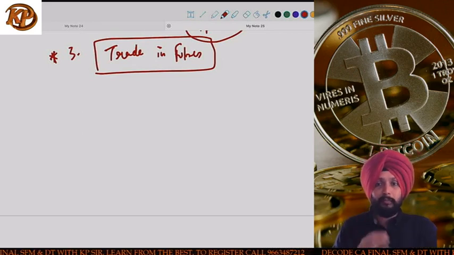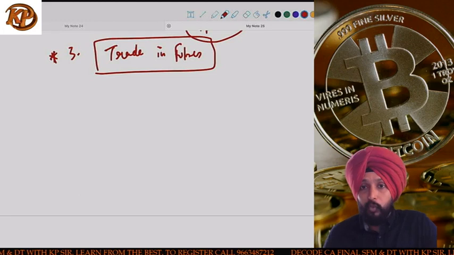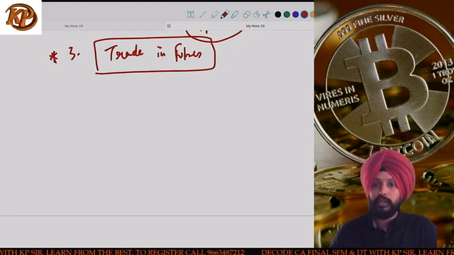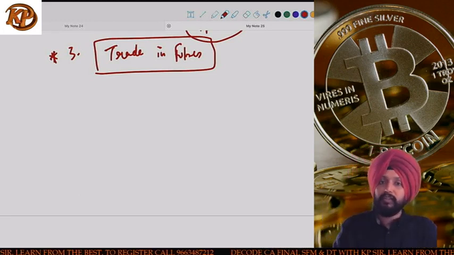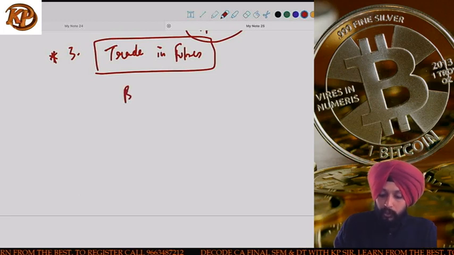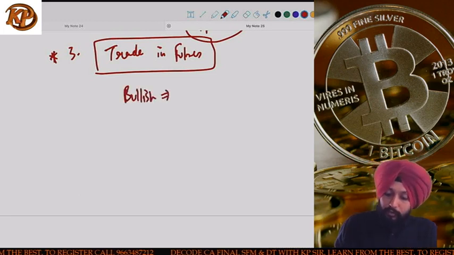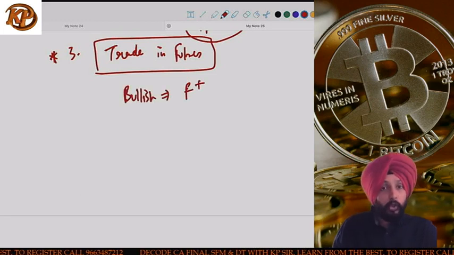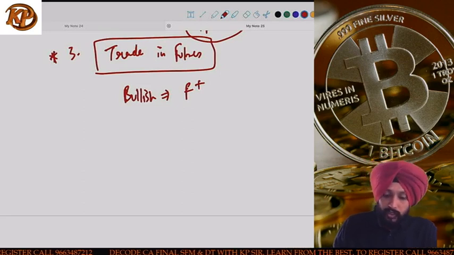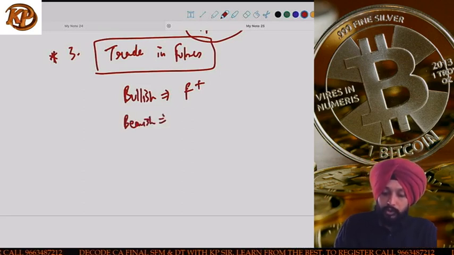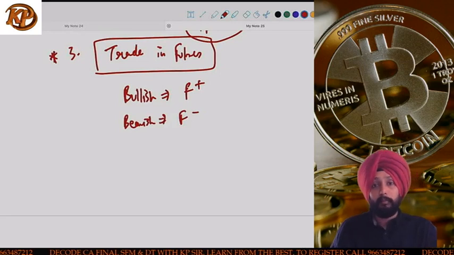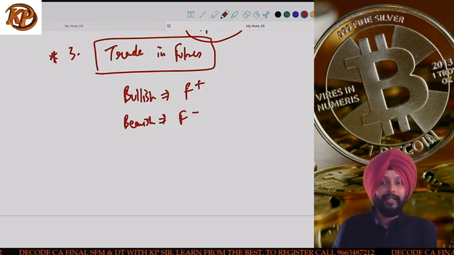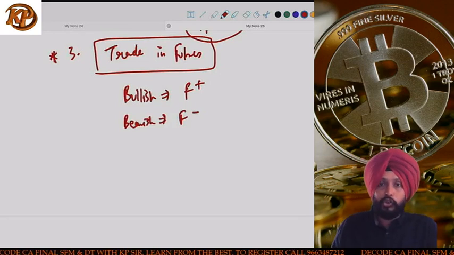If you are bullish on markets, leave your portfolio as it is, but take a long position on futures. On the other hand, if you are bearish on the overall market performance, then you leave your portfolio as it is and you can go short on futures.